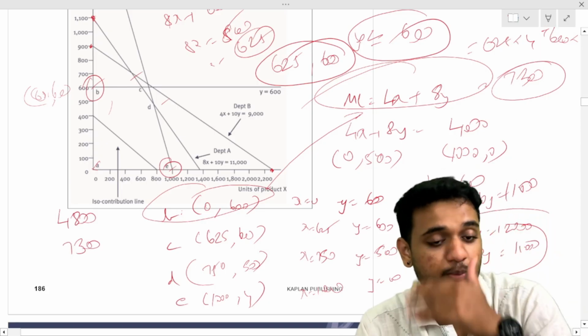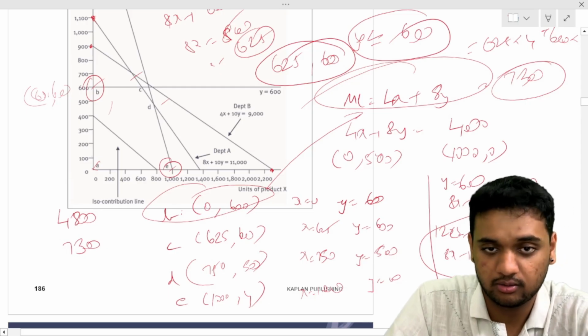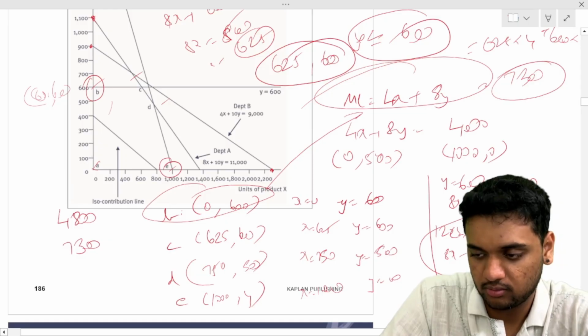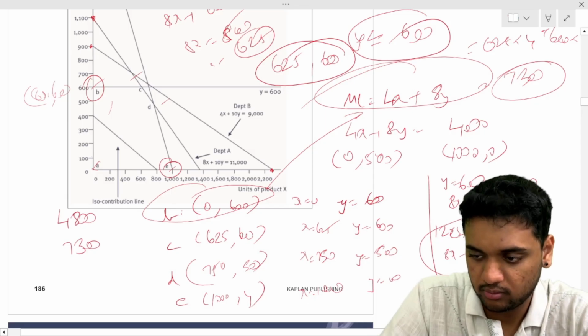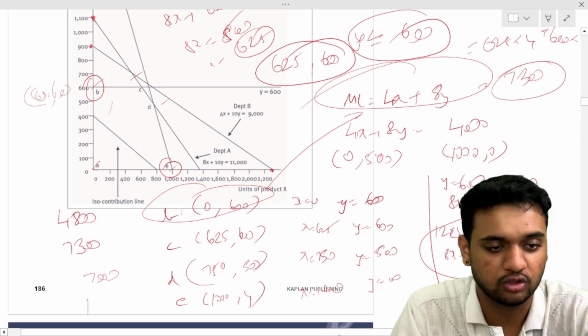Point D. Substitute point D and tell me how much you are getting. Point D, 7,000. Last one is 1,000 into 4, 4,000.